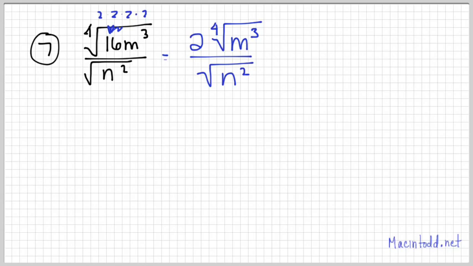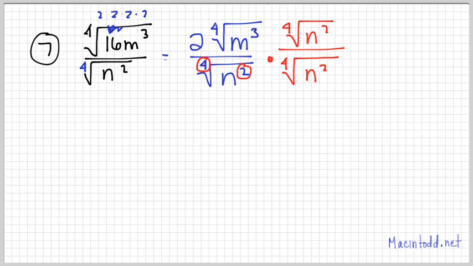Now I cannot have a radical in my denominator, so I've got to fix it. This problem says I'm looking for 4 of a kind. I've got 2 n's already, or n squared. So I'm going to take it times another n squared, giving me a total of 4 n's multiplied together.